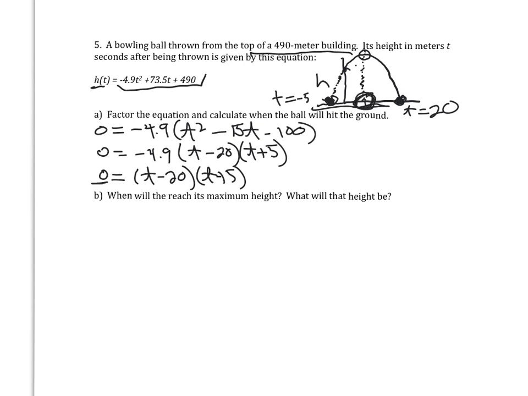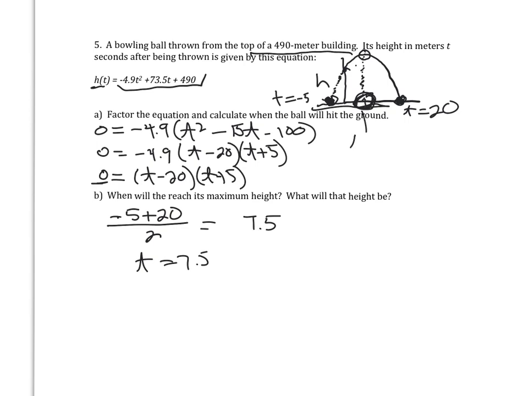And it has to be halfway between negative 5 and 20, which means that it has to be equal to the average of negative 5 plus 20, and that's going to equal, so we get negative 5 plus 20 is 15, and then divided by 2 is 7.5. So when t is equal to 7.5, that's when we'll be at our maximum height.